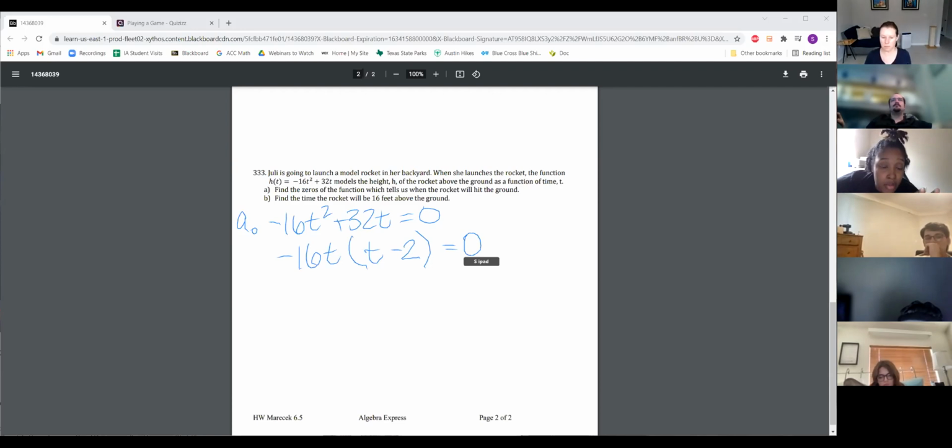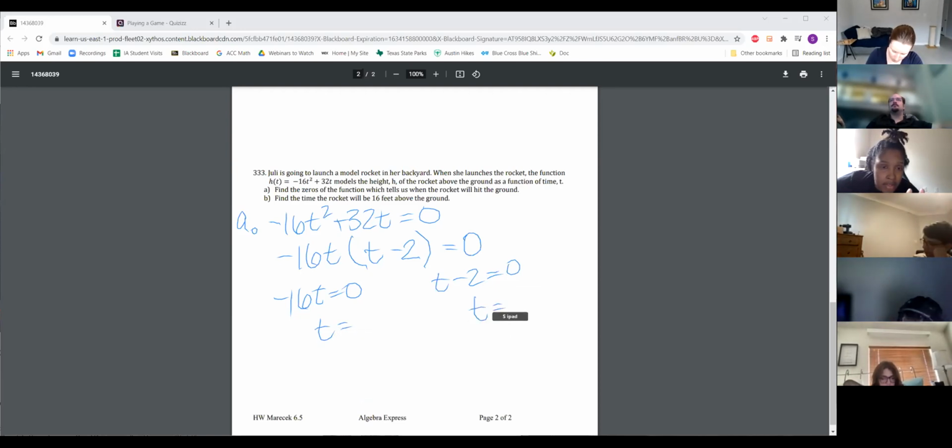And then it would be negative 16t equals 0. T minus 2 equals 0. Then you divide negative 16 from both sides, and that will leave you with 0. You would add 2, t equals 2.